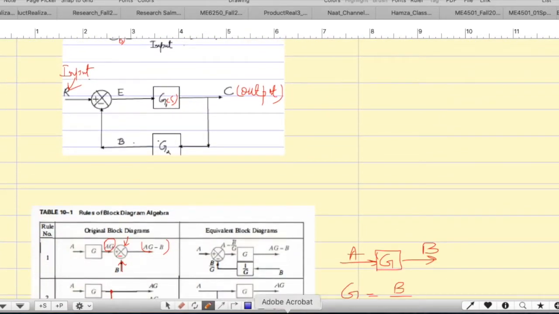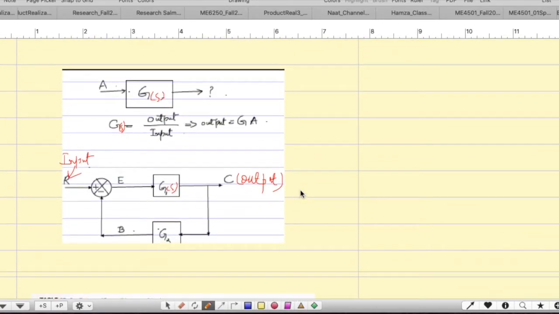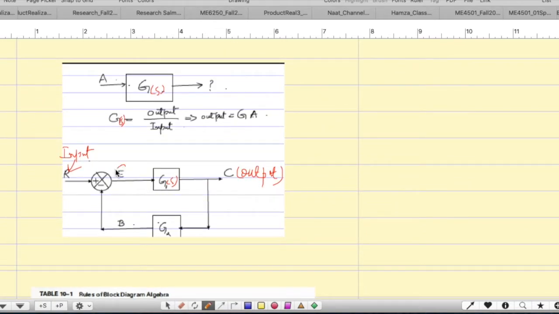I think I can do this very quickly. Yes, over here. So what is E? E is the error, which is the feedback signal, B of S or B, and so I can write E is equal to, in the summation block, R goes in with a positive sign, so R is positive, negative B.